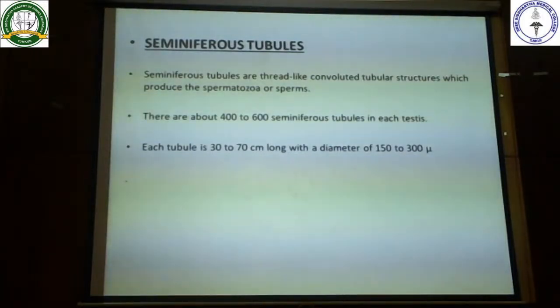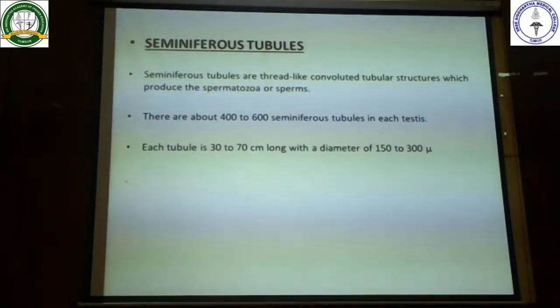How many are present in each testis? There are about 400 to 600 seminiferous tubules in each testis. Together, both testes have about 800 to 1200 seminiferous tubules, and in these the sperms are produced.